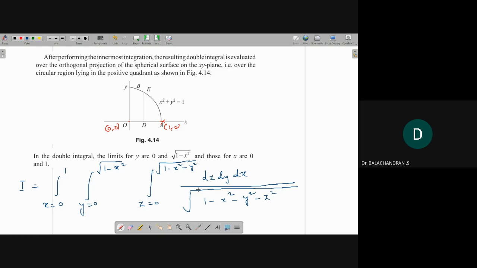So any idea how to proceed to the next step? Sir, 1 minus x square minus y square is equal to t square. That is, take some a square. So dz by root of a square minus z square. I think you have the formula.